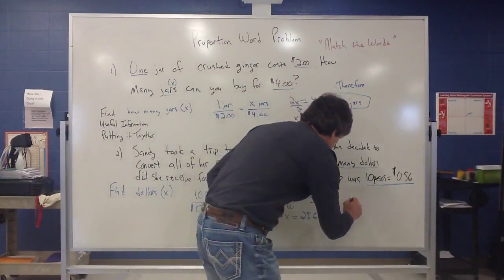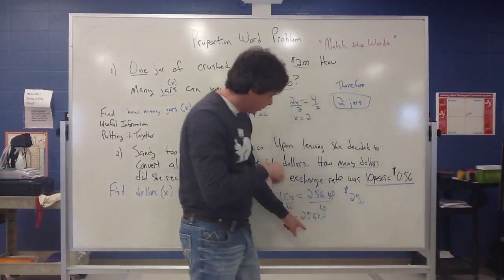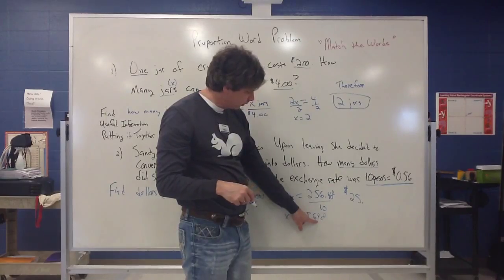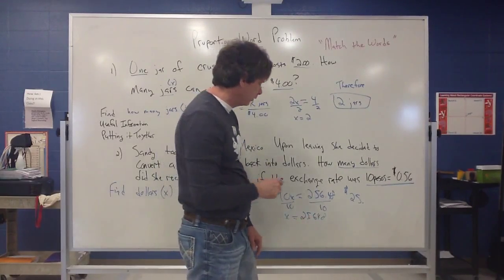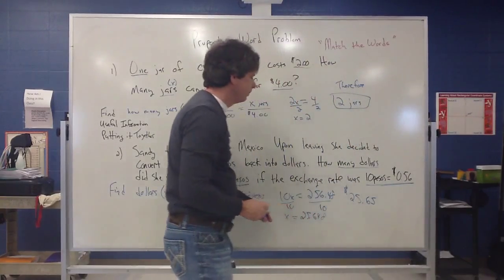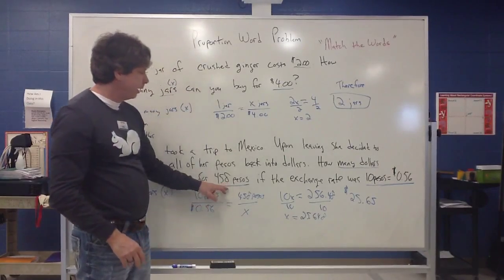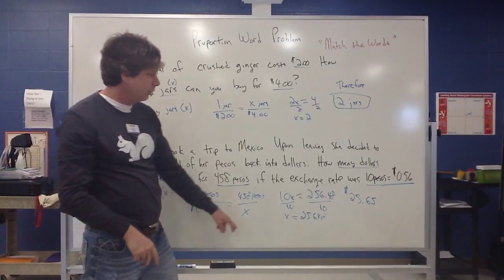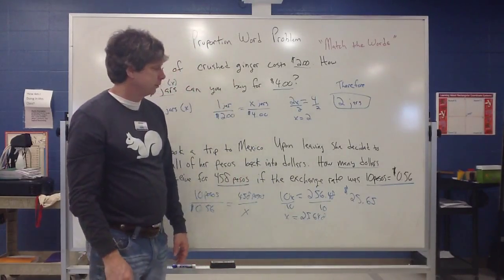So it's going to be $25 and, would I say 64 cents or 65 cents? Well, that 8 would tell me to round on up to 65 cents. So $25.65. So if I had 458 pesos, I should get in return about $25.65 in dollar amounts.